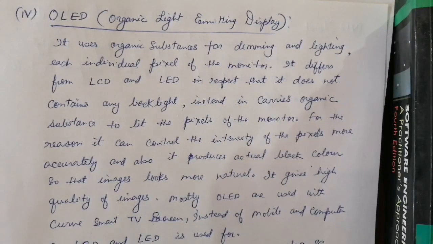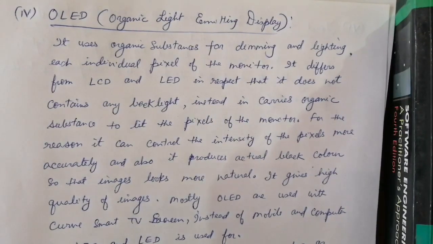Next is OLED. OLED is organic light emitting display. So it uses organic substances for dimming and lighting each individual pixel of the monitor.